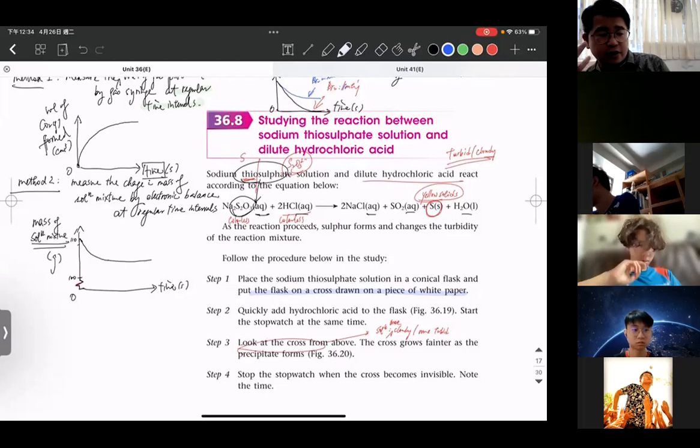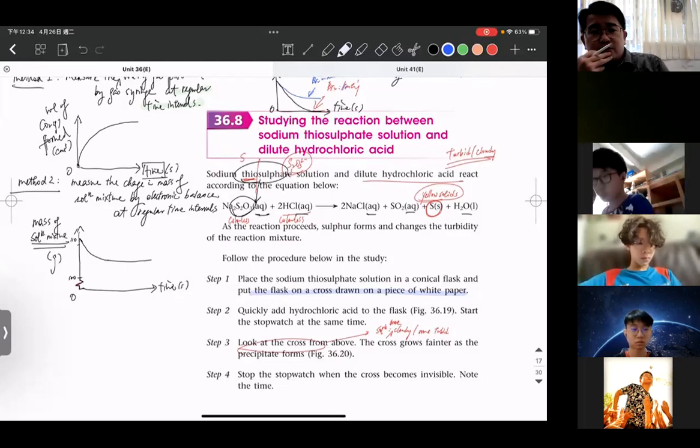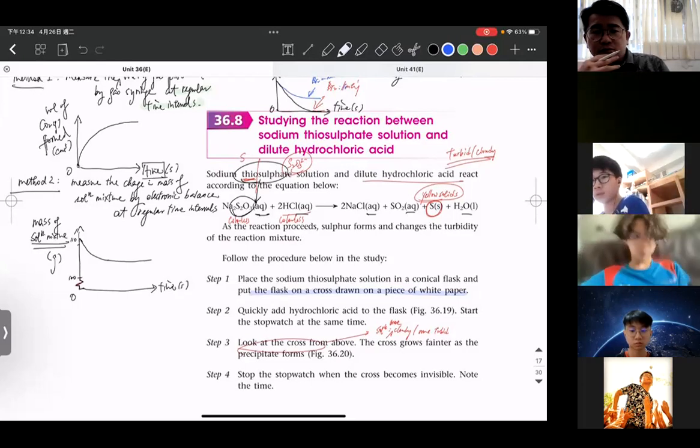Now, besides, for example, we have got some gas formation, right? How will you know the amount of gas formed? How will you measure?